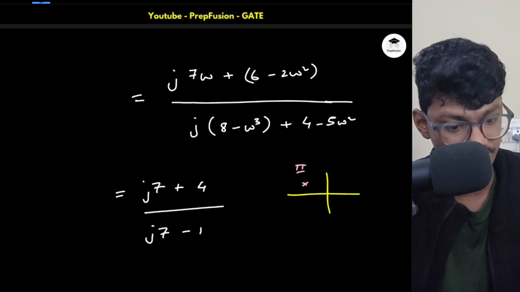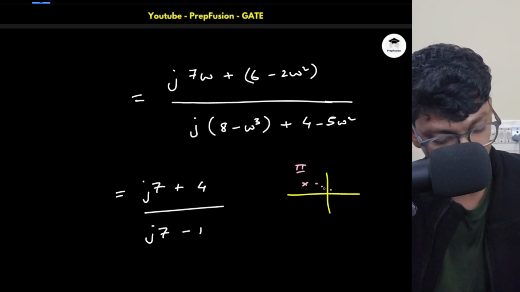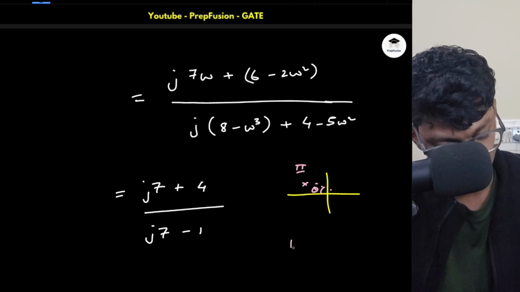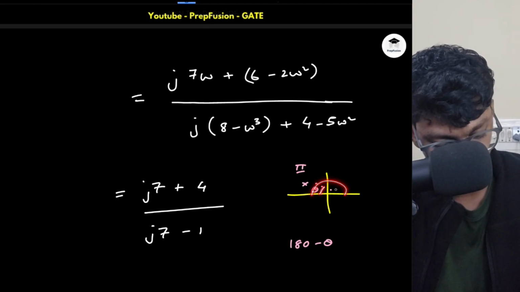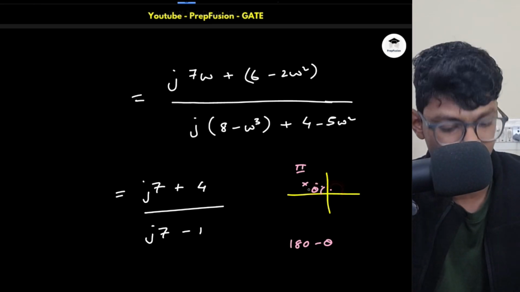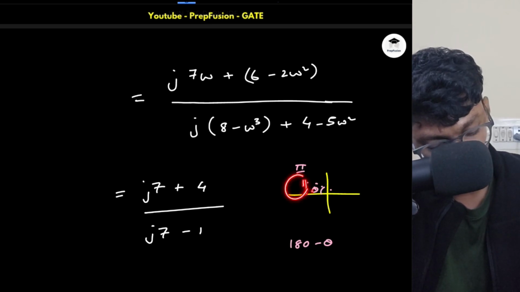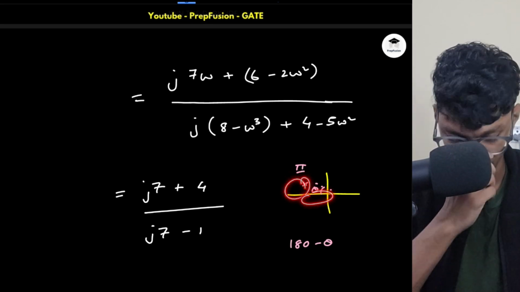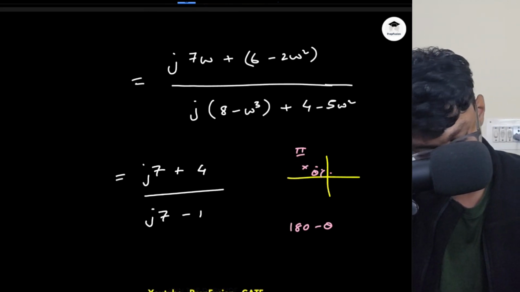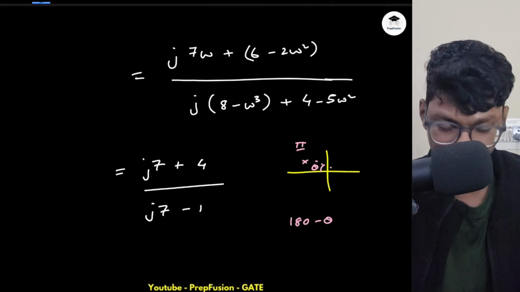And what is the angle in the second quadrant? The angle is 180 minus theta, because this is total 180 and I subtract theta so that I get my angle from the positive x-axis. Theta is tan inverse of mod of height upon mod of base, that is tan inverse of y upon x. All this I have taught in my basics, I will not explain here.